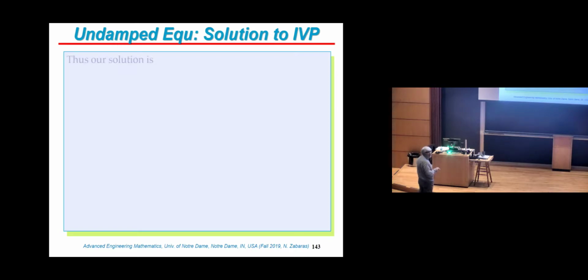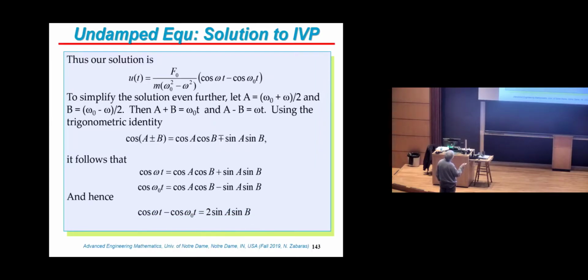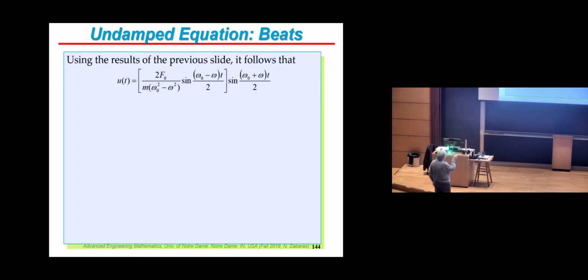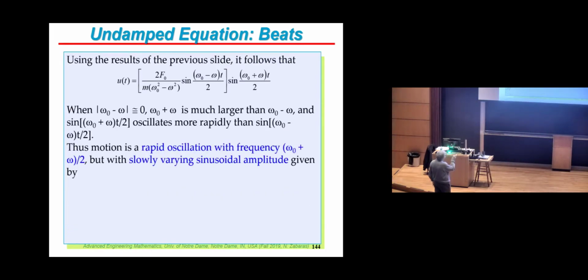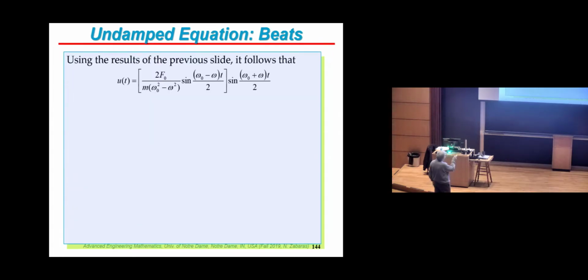But if I take this and rewrite it, and this is very important, if you have a difference of cosines, can you do some miracles and write it nicely as such? You remember we had cosine omega t minus cosine of omega 0 t. Can I write it as 2 times sine of (omega 0 minus omega) t over 2 times sine of (omega 0 plus omega) t over 2?